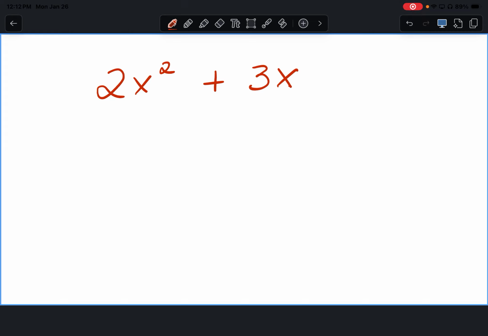No. Why can I not? They don't have the same exponent. They are not like terms. X squared and x are not the same. We cannot add those together. We also can't subtract them. If they are not the same base and the same exponent, we cannot add them together. Does that make sense? Okay.